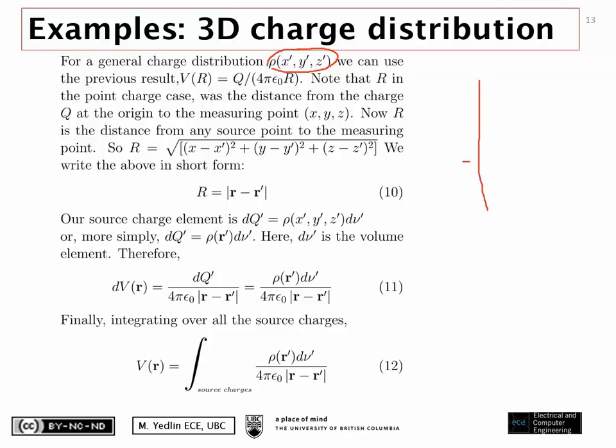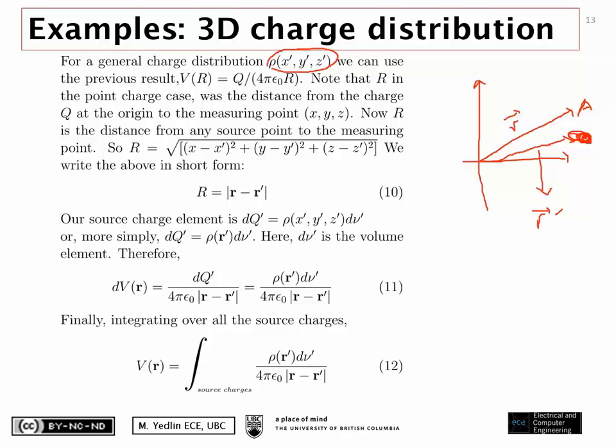So you can draw a picture here. Here's some axes, and here's the observation point, say some observation point, call it A. This vector here is r. And we have another vector here, pointing to a little blob of charge. There it is, and this vector is r prime, or r dash.